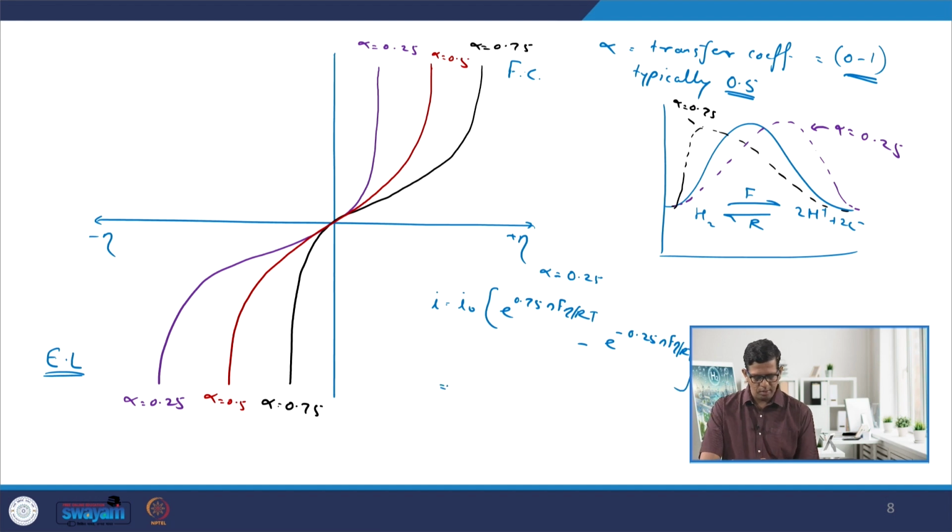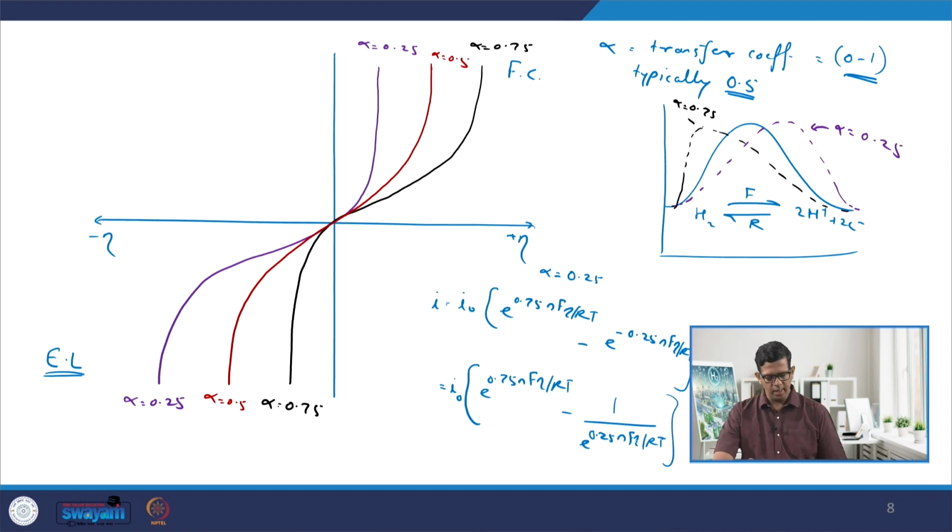If you look at this expression, I can write the same expression as e to the power 0.75 nF eta by RT minus, for e to the power minus 0.25, I can bring it to the denominator: e to the power 0.25 nF eta by RT.